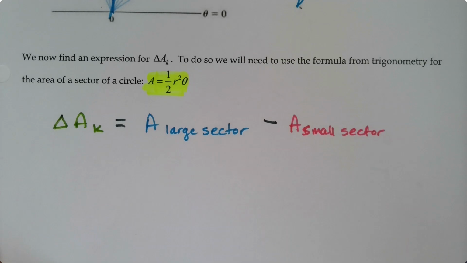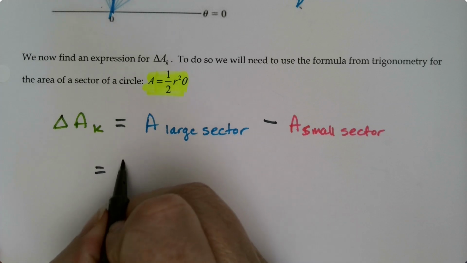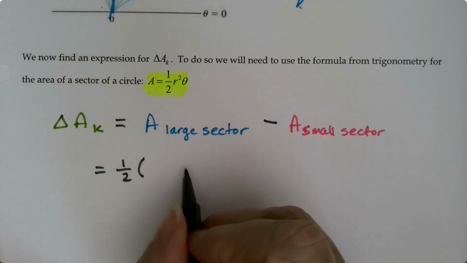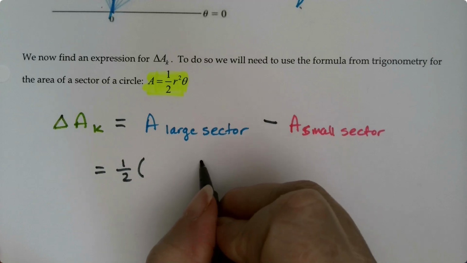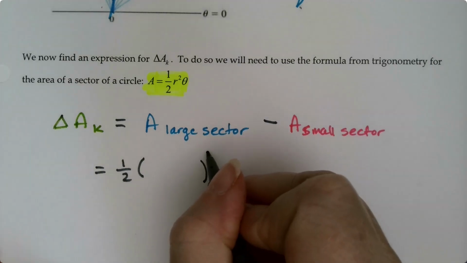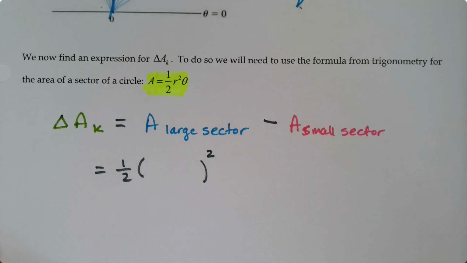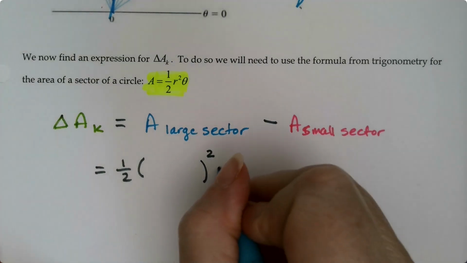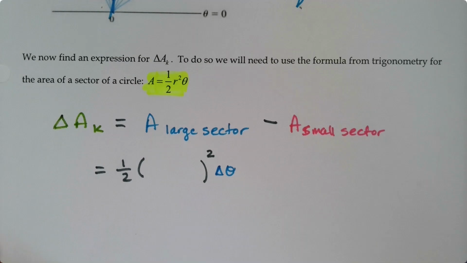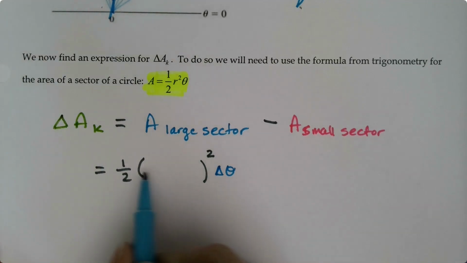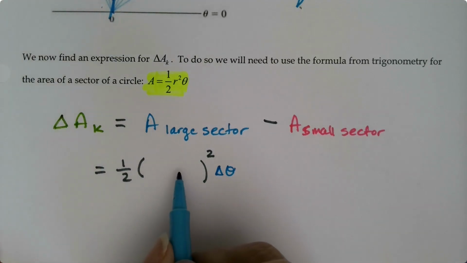All right, so what's the area of the large sector? Well, it's 1/2 times something squared. The r squared is going to be the hard part. So we'll just write something squared and then times delta theta, right? Okay, so what's going on with this? What's the radius?